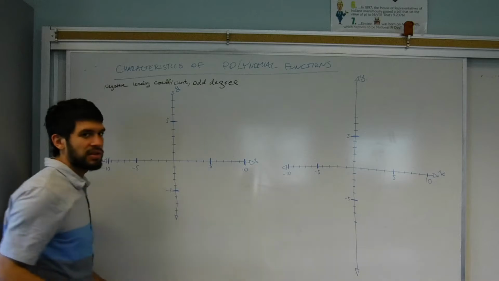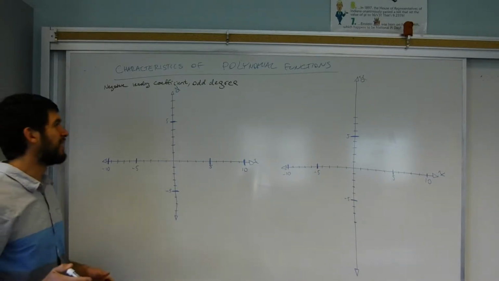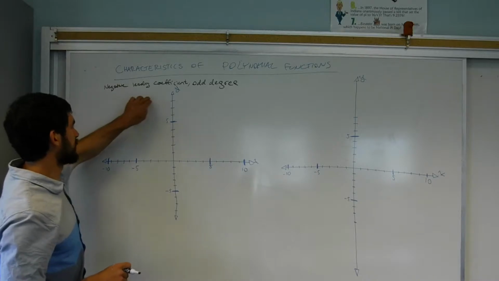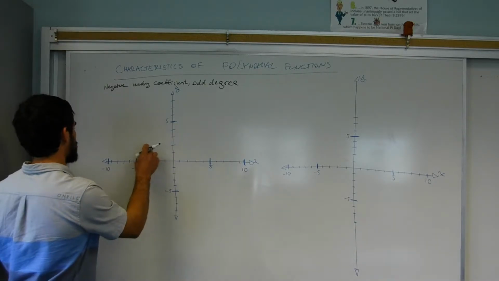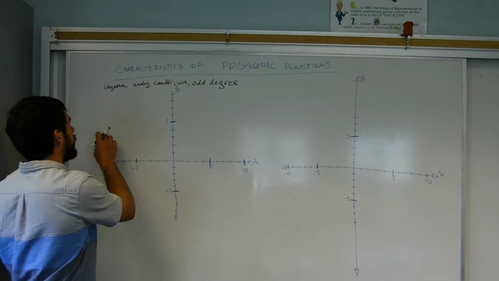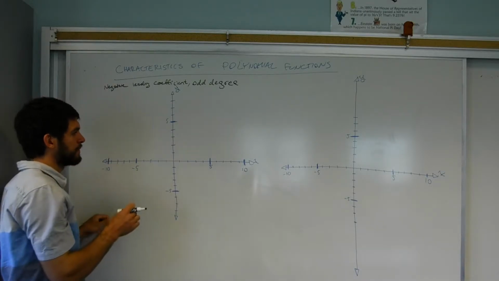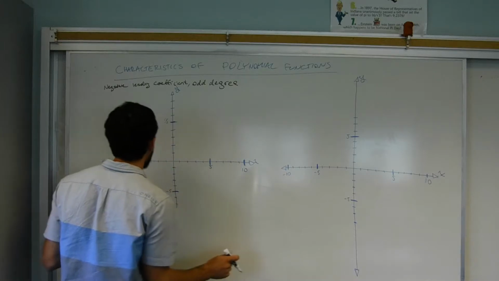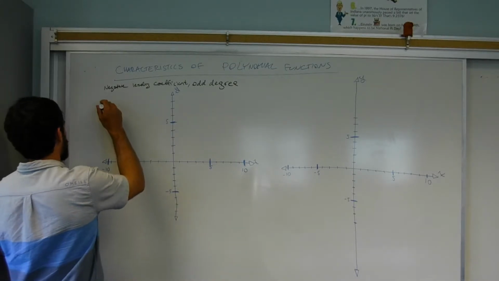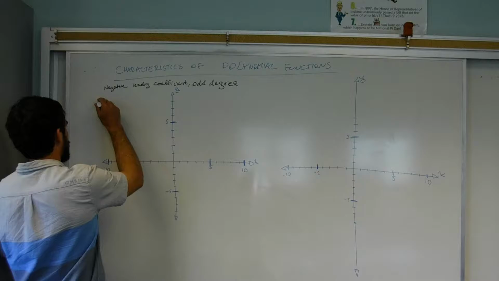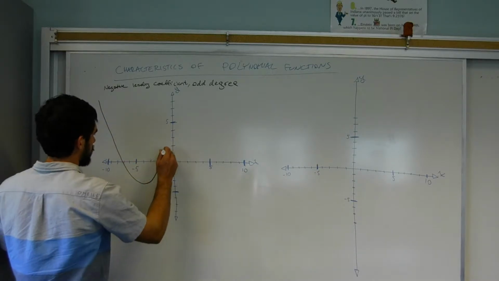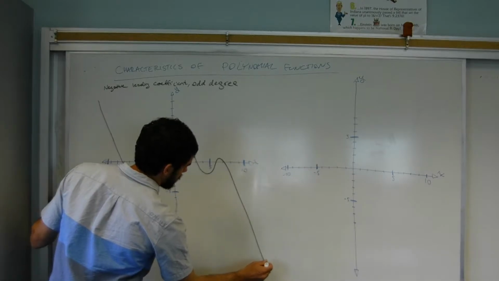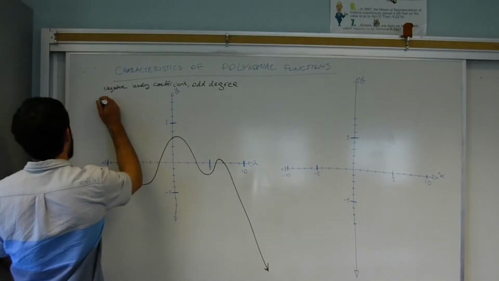As we discussed in the last lesson, our end behavior, if it has a negative leading coefficient and an odd degree, as x goes to negative infinity, y is going up to infinity, whereas as x goes to positive infinity, y is going to negative infinity. So our graph could look like that. That's just an example graph.